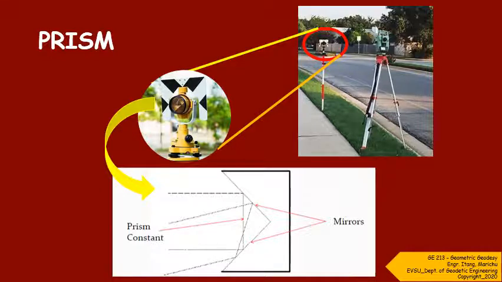The corner reflector is a prism. The prism has many mirrors set 90 degrees to one another, forming the corner of a tetrahedron. So the tetrahedron always reflects light back in the same direction.